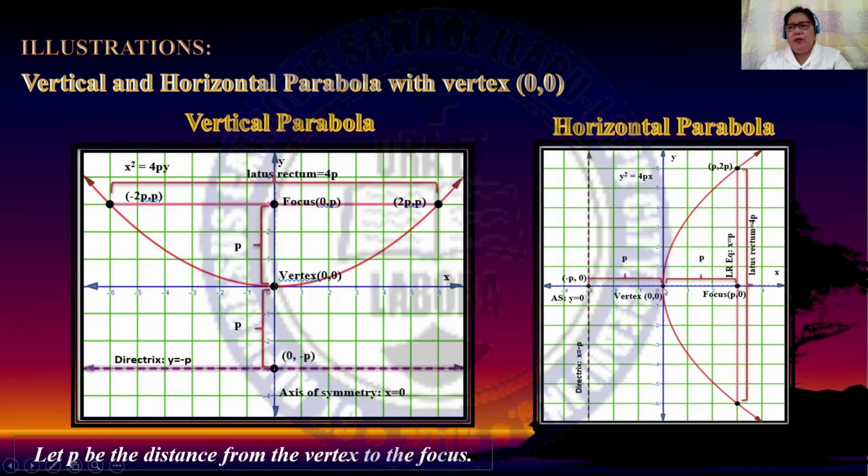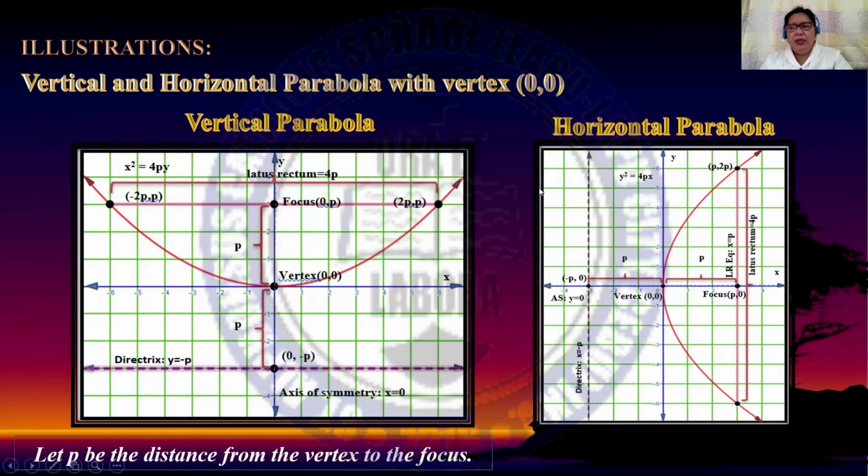The distance from the vertex to this point is represented by p, and this point is called the focus.